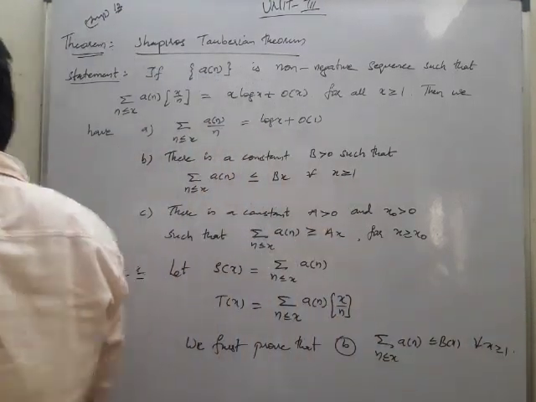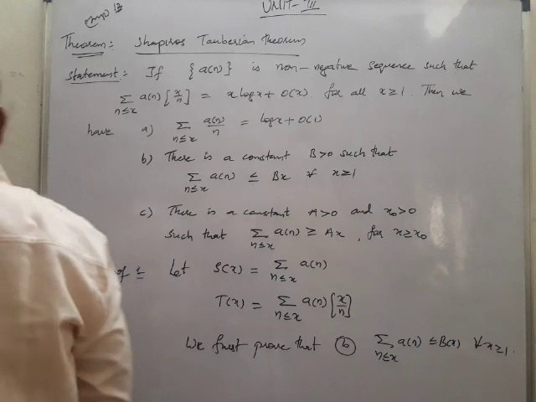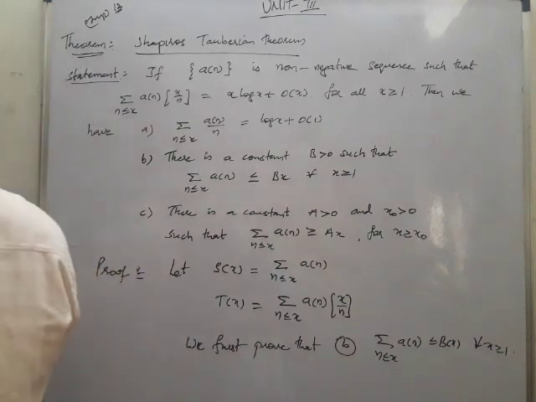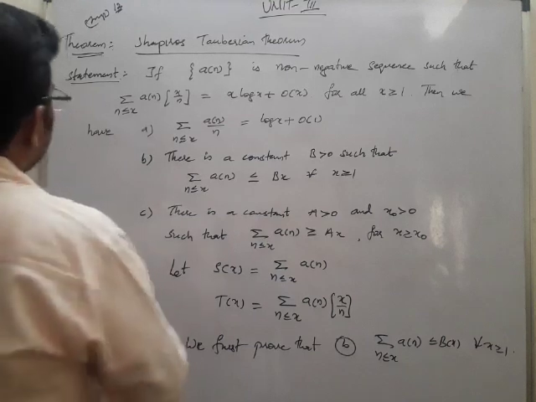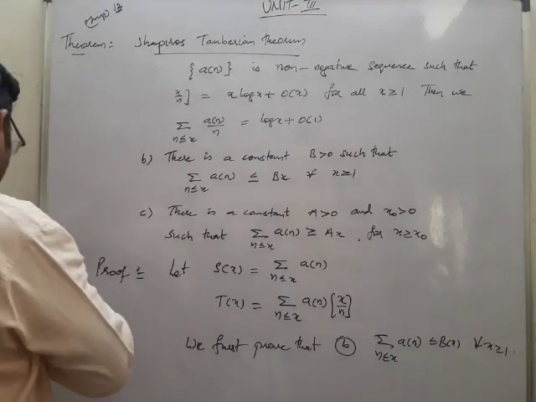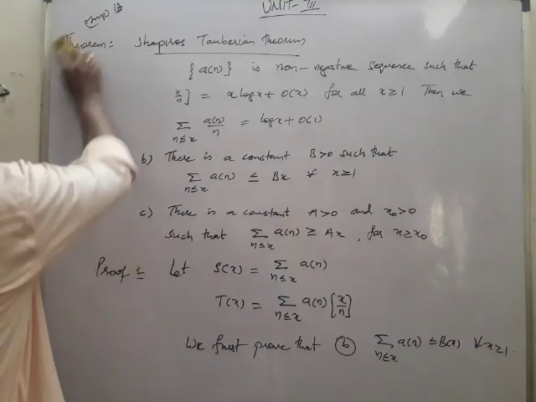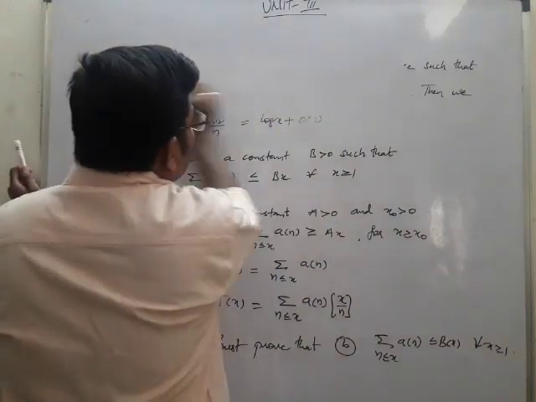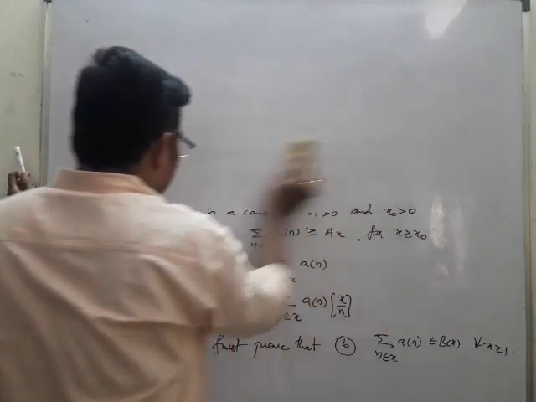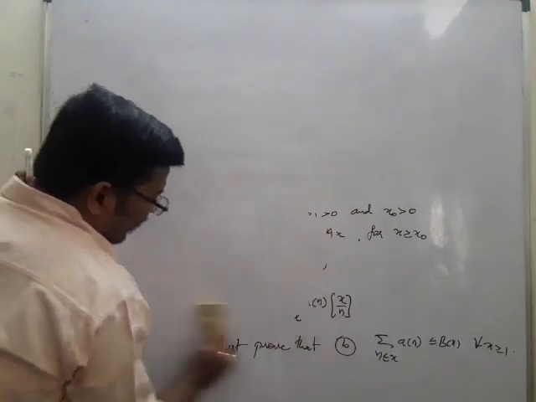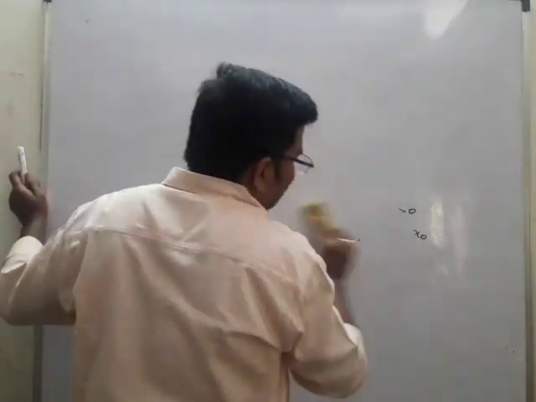Now we'll try to solve the first one, b, then later on we'll try to prove a. For that sake I am doing it like this, with the help of s of x and t of x, we'll try to find out the b part first, then we go for the other two important ones.